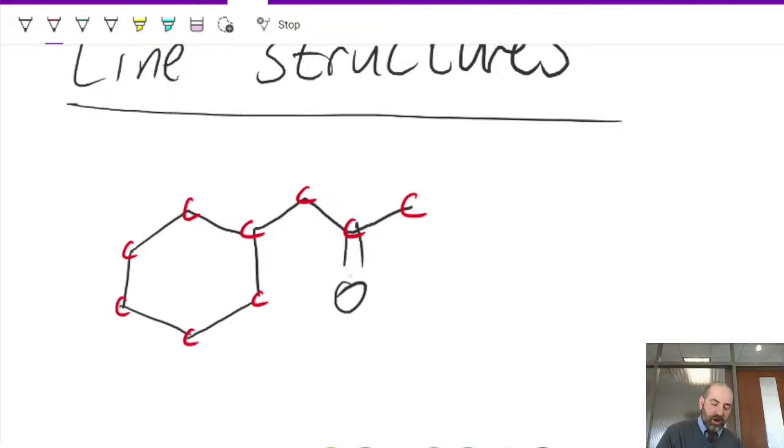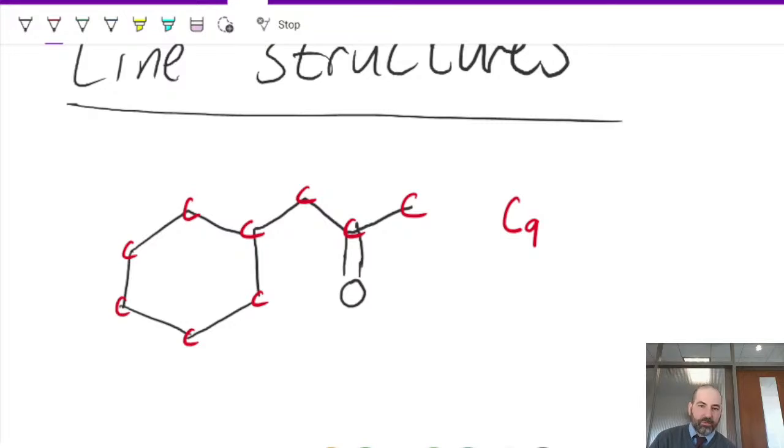We don't see carbon at this end here because that's connected to an oxygen, so we're not saying there's a carbon at the end of this line because the oxygen is already shown there. Adding them all up, we've got 9 carbons. So that's C9.